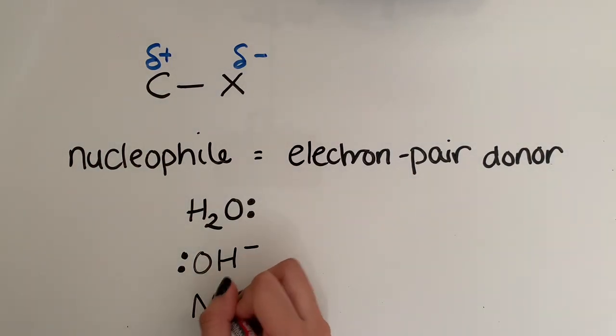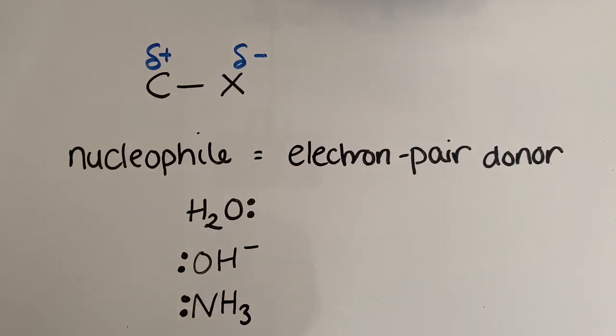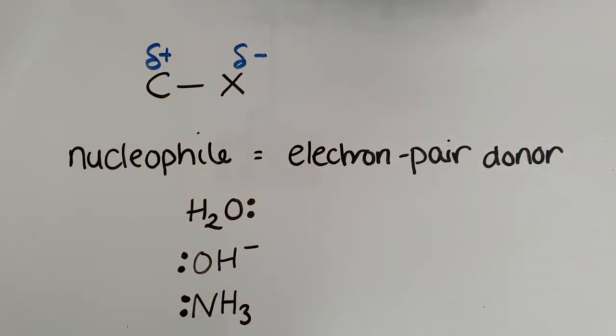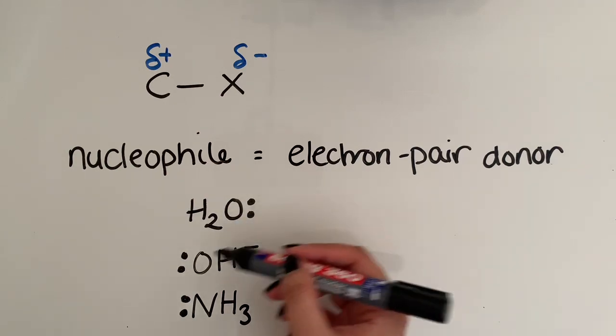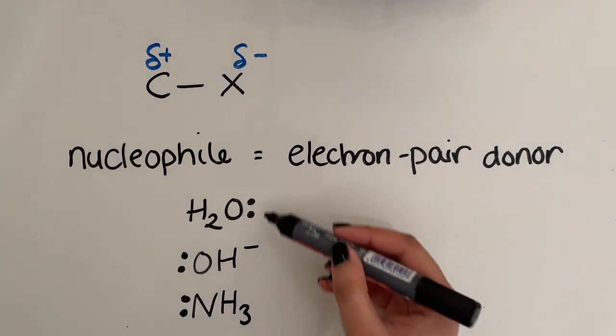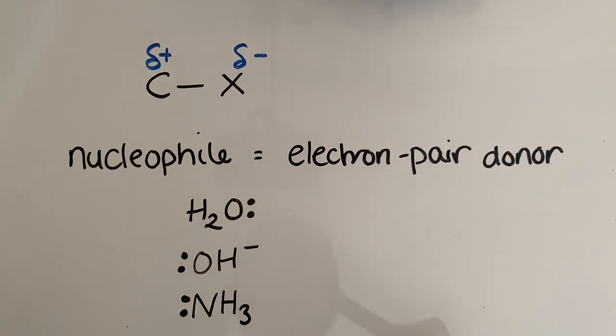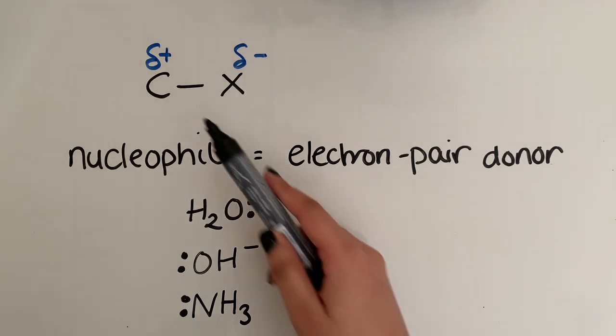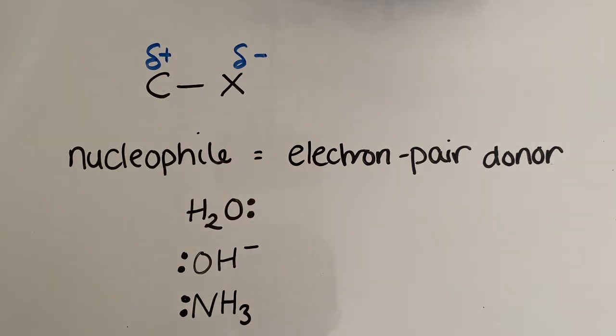And we also have ammonia, which on the nitrogen also has a lone pair of electrons. All of these can act as nucleophiles because they have a pair of electrons to donate, and so they are attracted to something that is usually delta positive, and that's what the carbon here is.